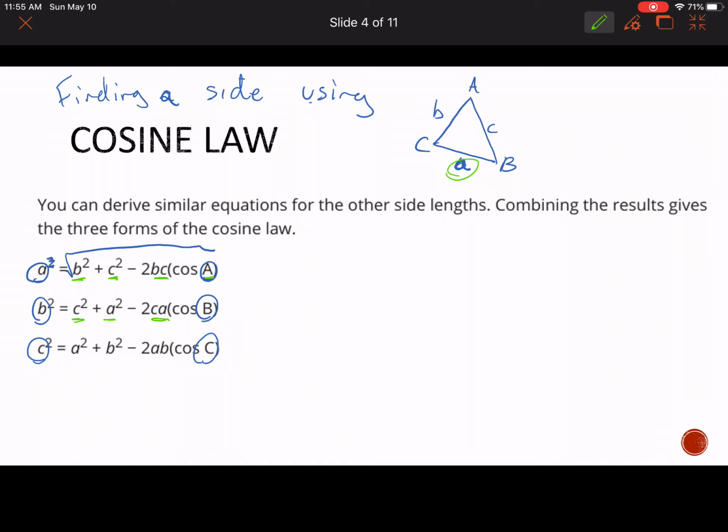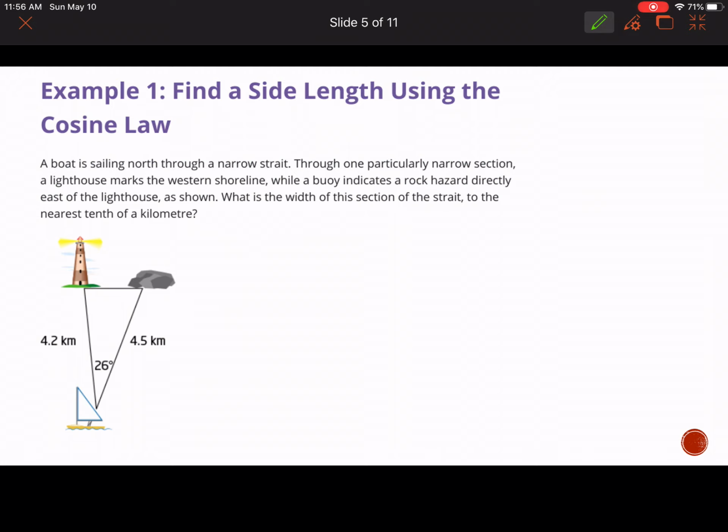So depending on which side we're trying to find, we need to have the other 2 sides and 1 angle in order to find the third side. So we need to have a fair bit of information. This is what we use when we only have one angle.